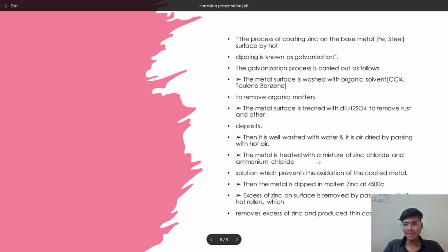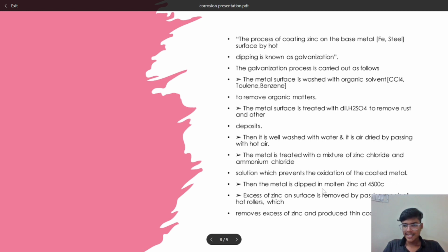The metal is treated with a mixture of zinc chloride, ZnCl2, and ammonium chloride, NH4Cl, solution, which prevents the oxidation of the coated metal.